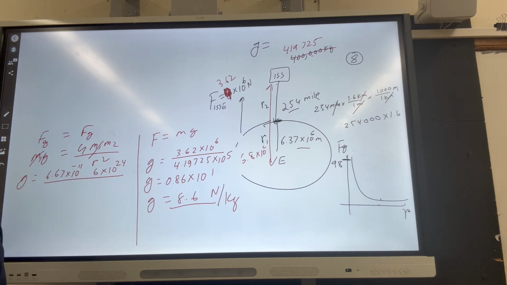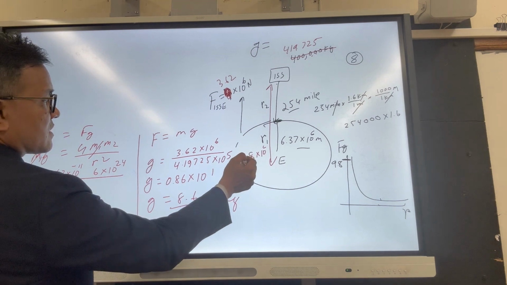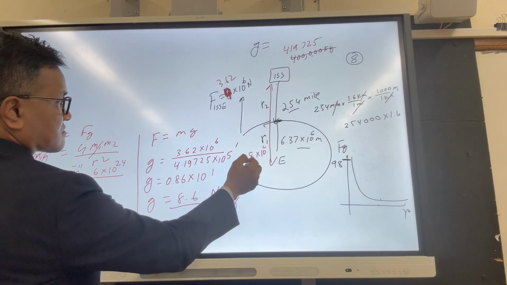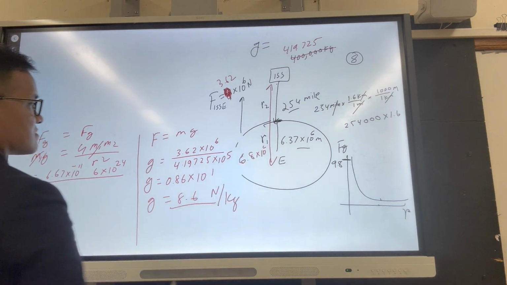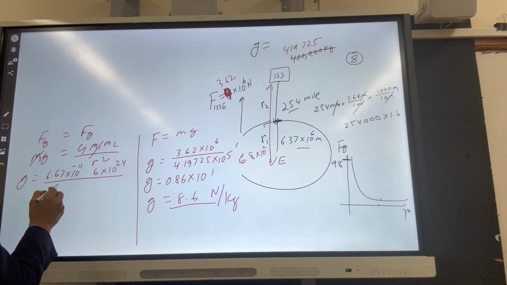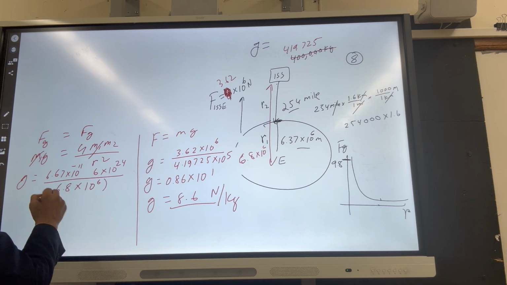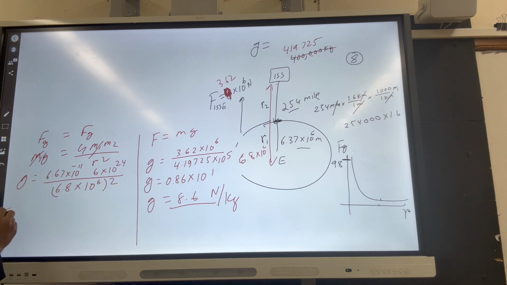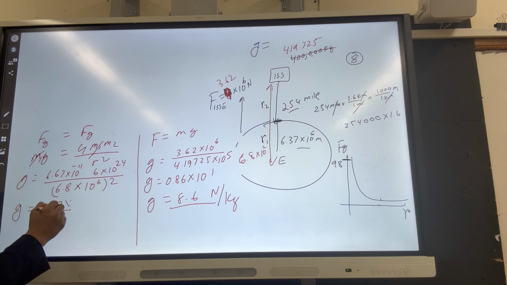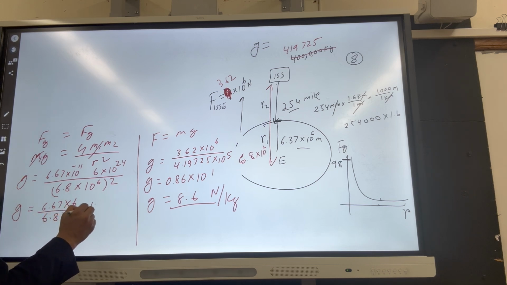Radius, we just found it, 6.8 times 10 raised to 6, squared. So G is 6.67 times 6 divided by 6.8 squared, times 10 raised to negative 11 plus 24 minus 12.